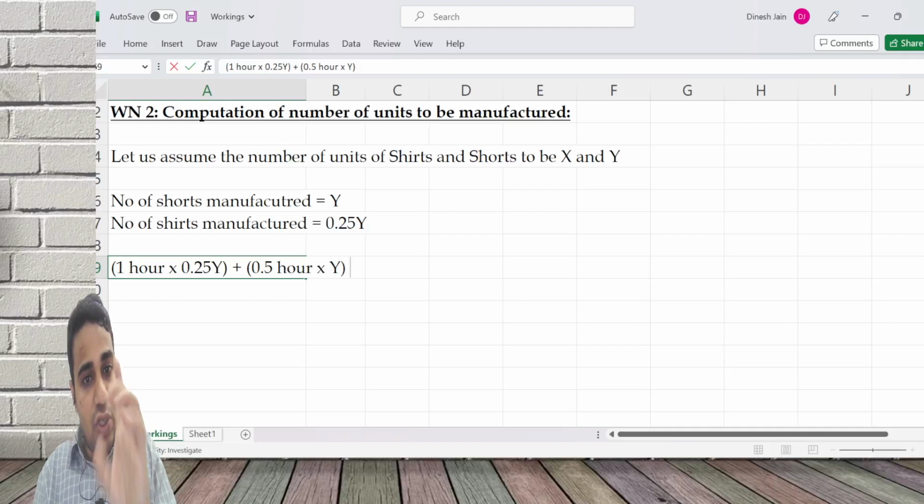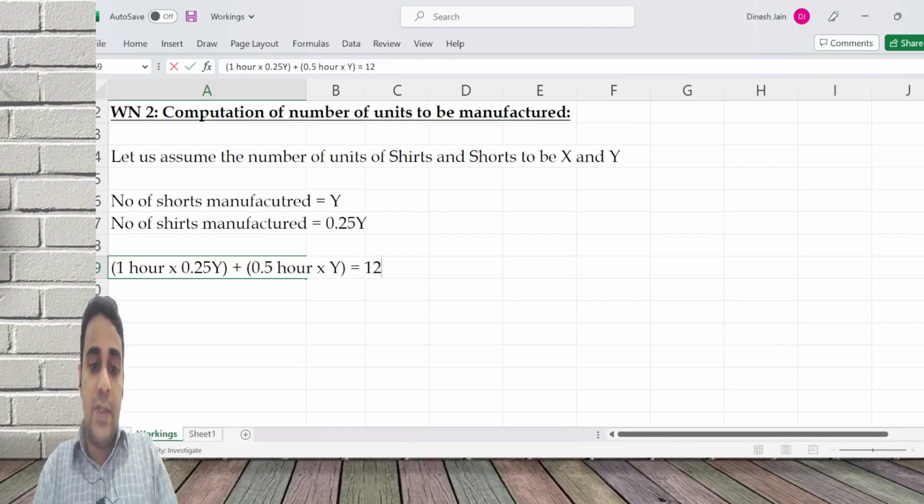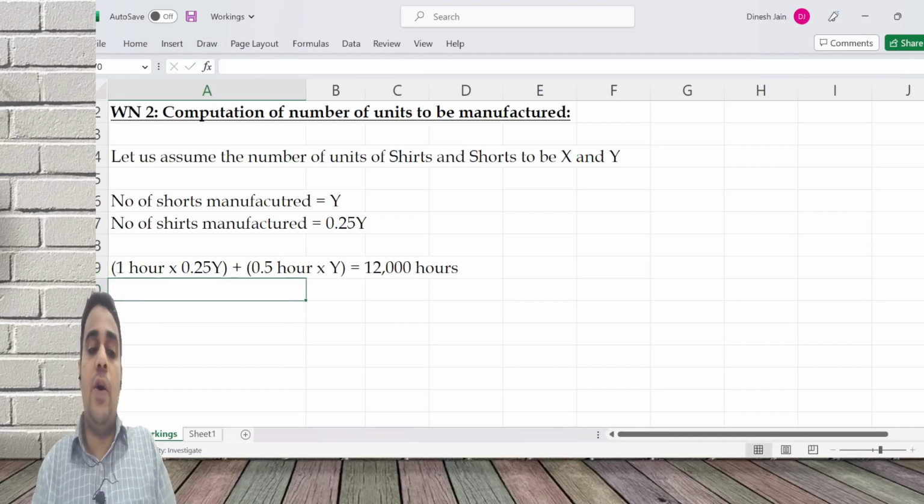We have decided shorts is our priority, that is Y, and shirts is our second priority, which is 25% of Y. This is equal to 12,000 hours.